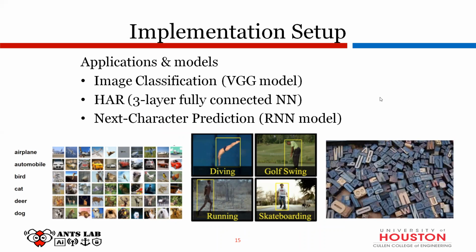What I mean is that, for example, if I talk about an image classification job and you are using some personalized federated learning method, then each device will learn a different VGG model. Well, for the averaging, you only have the same global model, that's the VGG model.